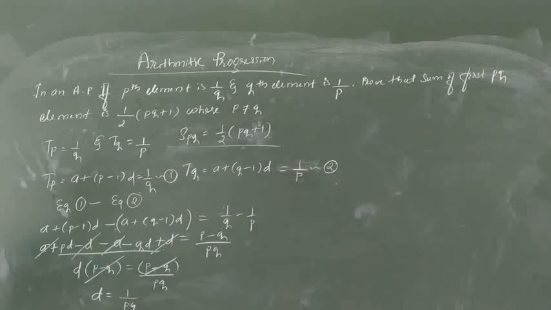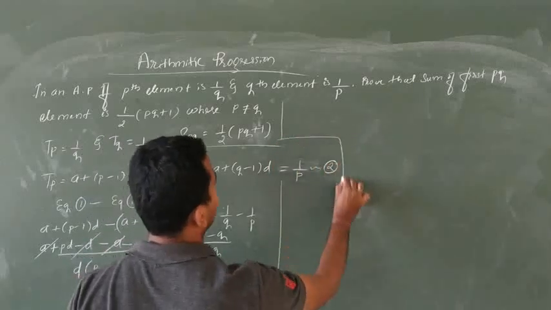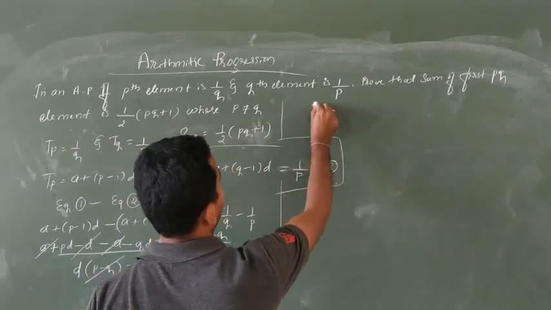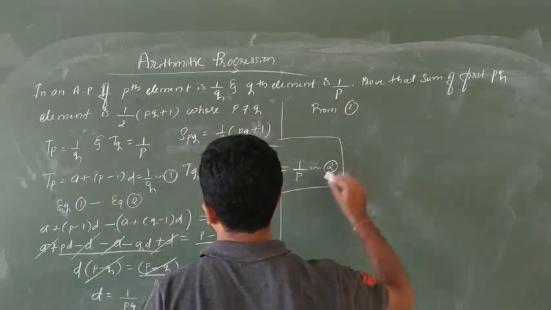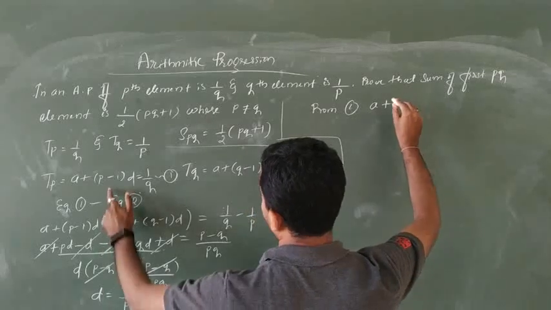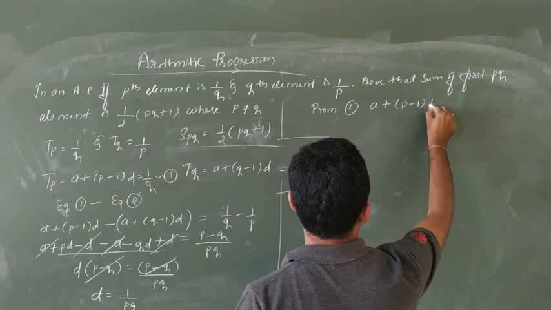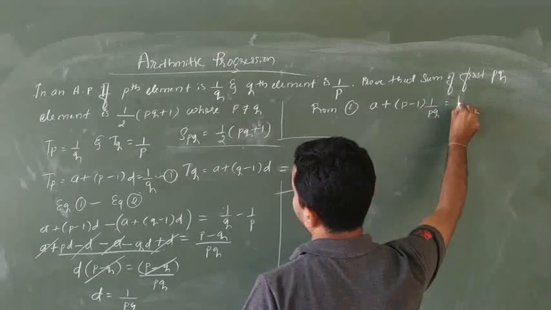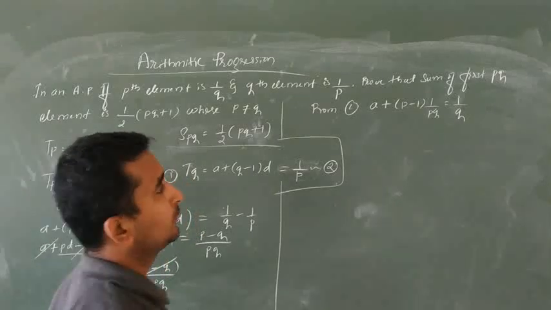So substitute this D in one of the equations, then you get the value of A. From equation 1, what we have is A plus P minus 1 into D, that is 1 divided by PQ, is equal to 1 divided by Q. Or else you can substitute in equation 2 also.